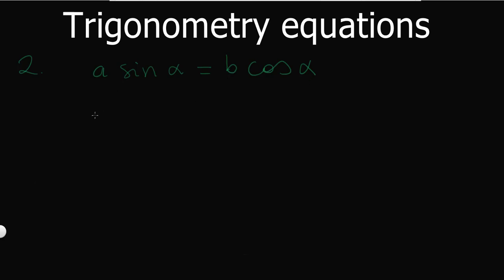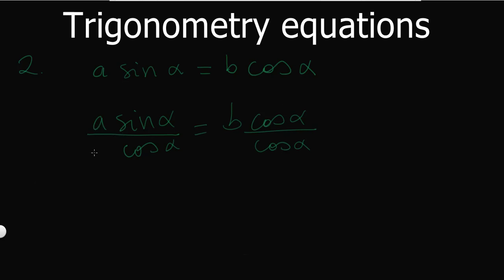So what is going to happen here? It's very simple. You have to divide both sides, making sure that you have a form that will give you tangents. I will divide this side by cos alpha, and I divide also both sides by cos alpha, so cos alpha can go.